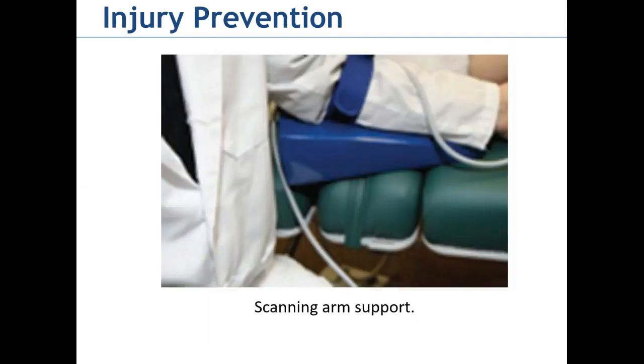There are supports that we can use for the scanning arm to keep that arm more in line with the patient's body and more perpendicular to the surface that we're dealing with.